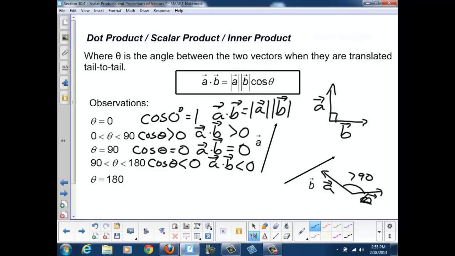So without a lot of calculation, we can determine whether or not the angle between my two vectors is acute or obtuse. Now, if theta is equal to 180 degrees, we know that the cosine of theta is negative 1. So at that point, my dot product will simply be the negative of the product of the magnitudes.